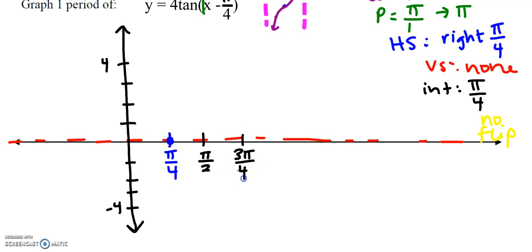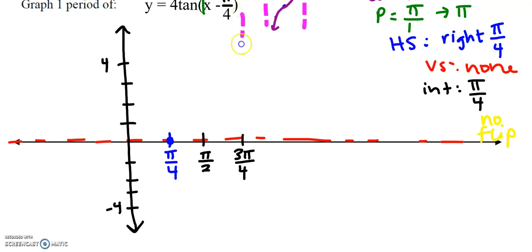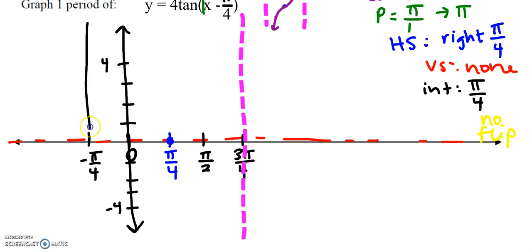And I'm going to count 2 this way, and I will encounter a vertical asymptote. And I'm going to count 2 this way, so negative pi over 4 puts me at 0. That actually is a tick mark. And then back here, negative pi over 4, so 2 this way, and I would have hit a vertical asymptote.